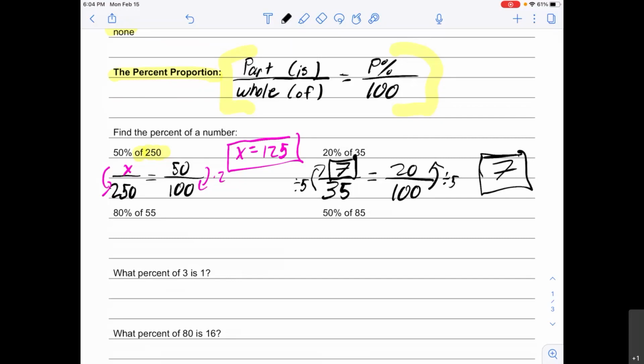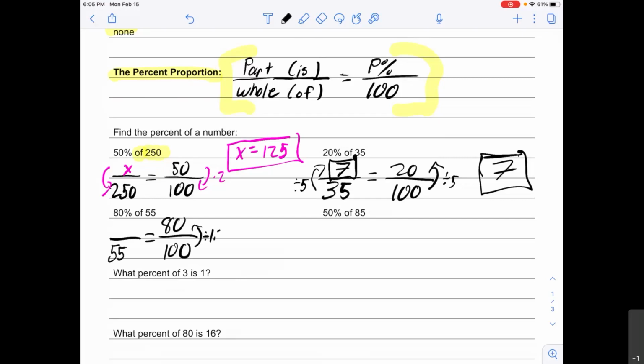Now, we're not always going to have a perfect relationship. So for 80% of 55, setting up our proportion, well, our percent, 80 over 100, and then of 55, so 55 is my whole. Looking at this, I realize right away that I don't have a perfect relationship, but I can do 100 divided by 80, and when I do that, I get 1.25.